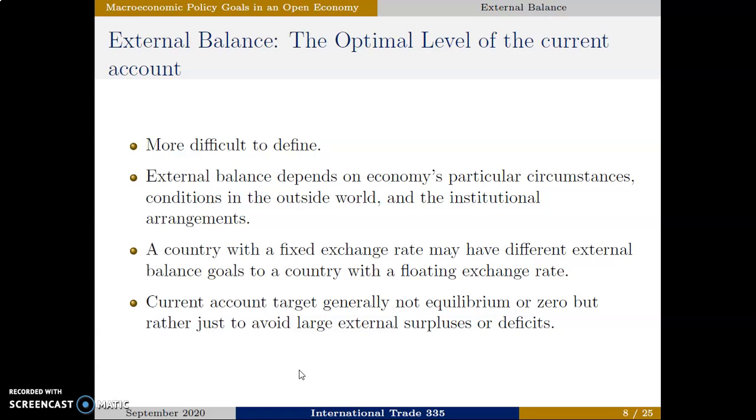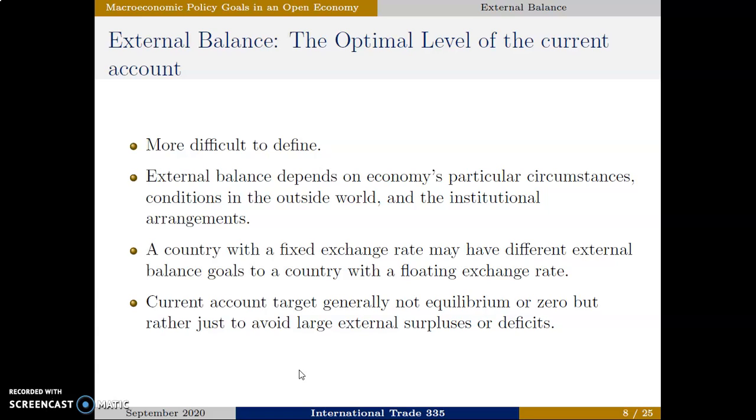The institutional arrangements, like the World Trade Organization's rules, also impact a country's current account. The goal of external balance might differ between countries depending on their exchange rate, and might differ if it has a fixed exchange rate or a floating exchange rate.